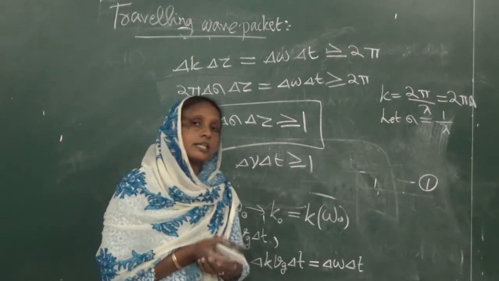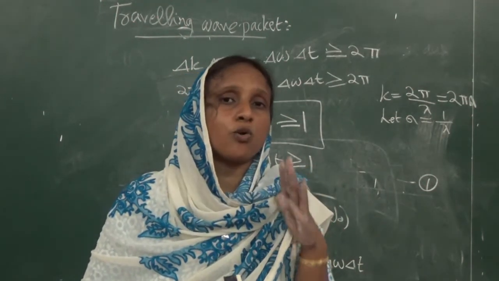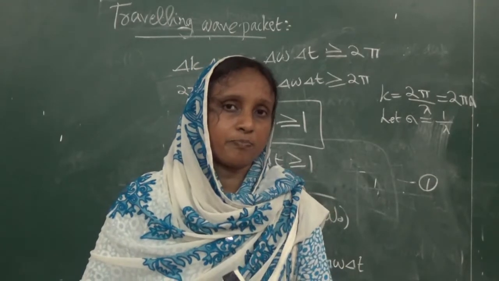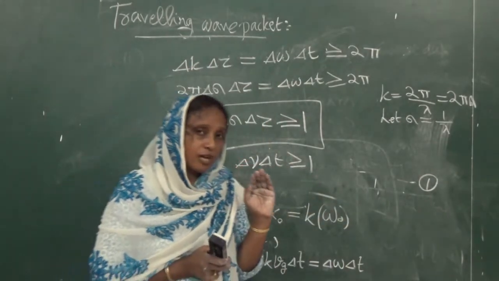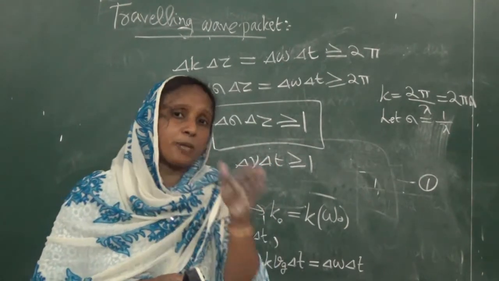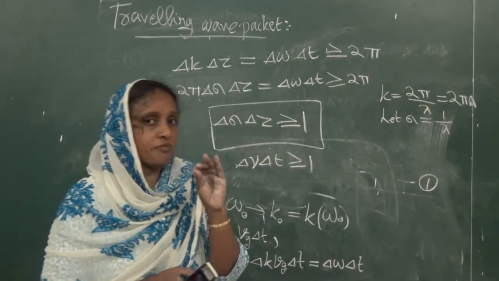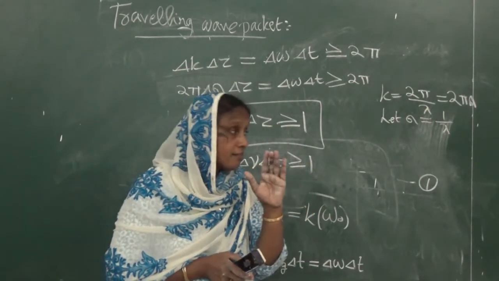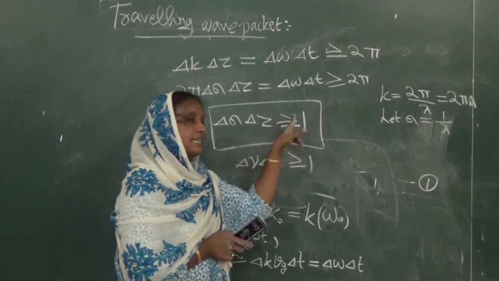Otherwise, it is always greater than 1, corresponding to the broadening of the wave packet. So you can think that if the traveling wave moves through a dispersive medium, its group velocity varies, and in that case, delta sigma delta z is greater than 1.